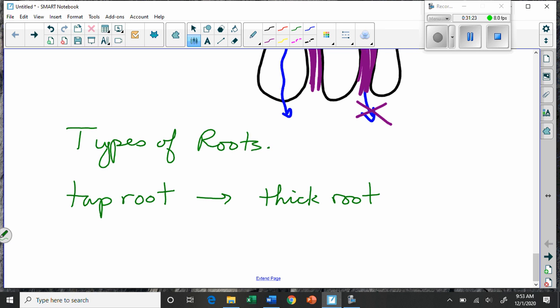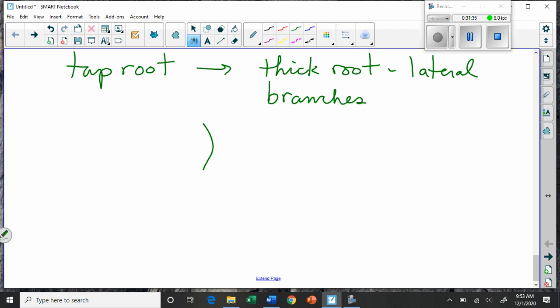And then it has lateral branches on it. And usually the taproot grows straight down. So if you have a tree here, there's the tree. At the bottom, the taproot will grow straight down and it'll be a very thick root deep into the ground. And then it has these little branches that will grow off of it.